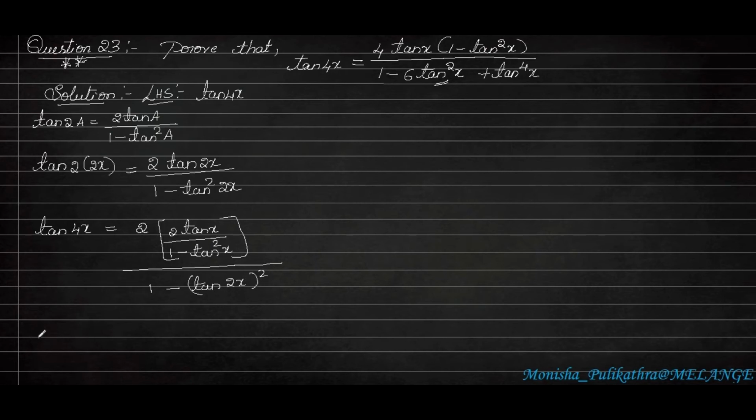Okay. So next step, we will be applying the same formula for this denominator also. So tan 4x is equal to, so 2 2s are 4 tan x divided by 1 minus tan square x whole divided by, so let us write this one as it is, minus this tan 2x, again we have to simplify in the form of tan 2a formula.